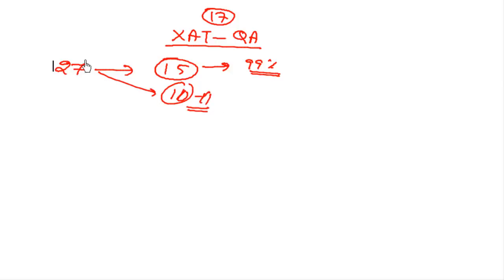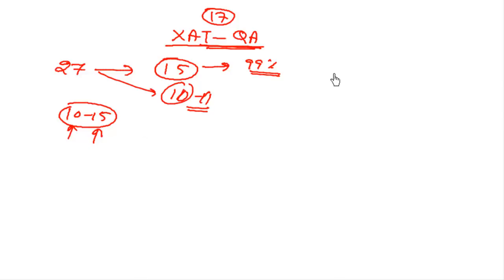While analyzing these XAT 17 QA sections, what I found is that almost 10 to 15 questions, at least 10 and at max 15, depending upon how comfortable you are with quant, can easily be managed within the time limit.